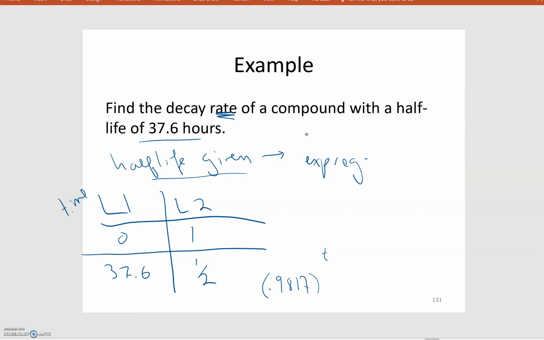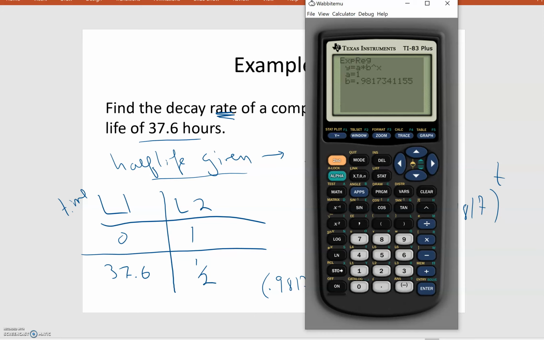So how do we actually get the rate from this? If the model is A of t equals 1 times 0.9817 to the t, then what's the rate? Let me bring that back up on my calculator. There's my full b value, my full factor. What I need to do is subtract this number from 1. So I'm going to do 1 minus, and I want to call up that number.